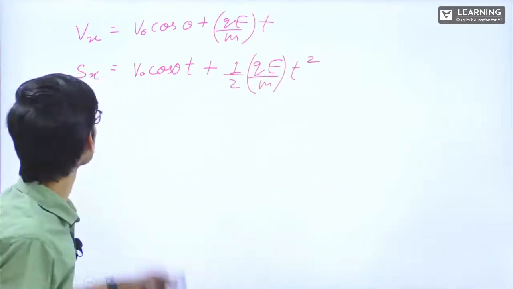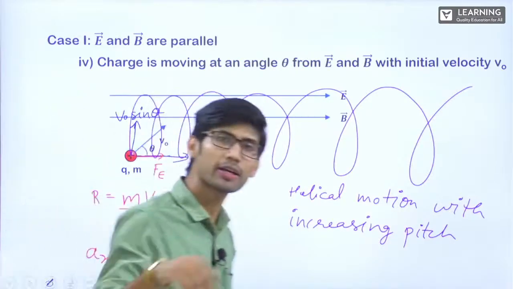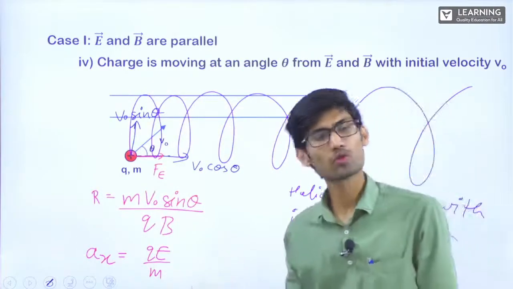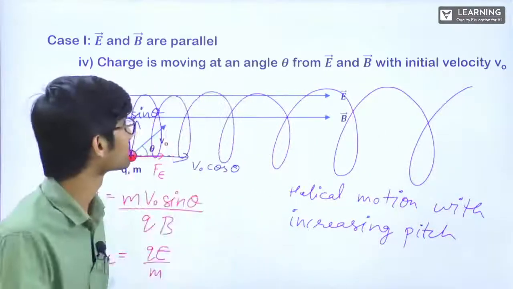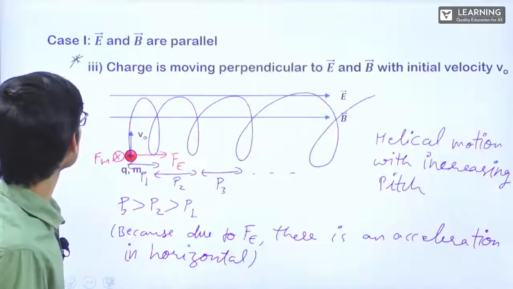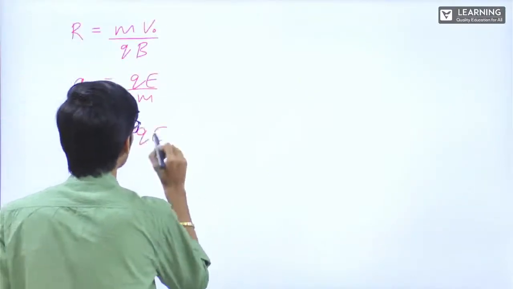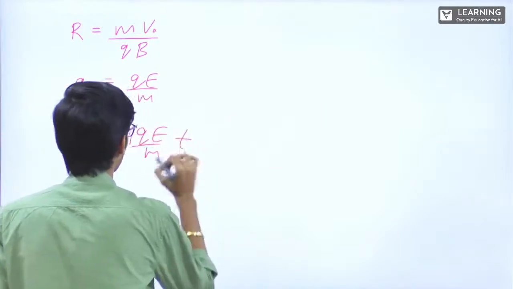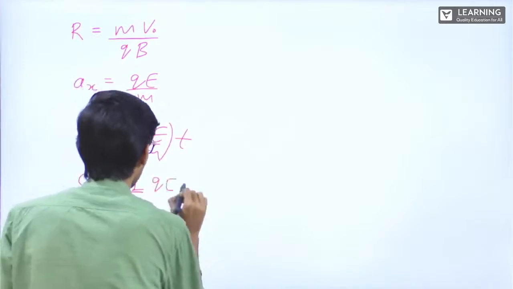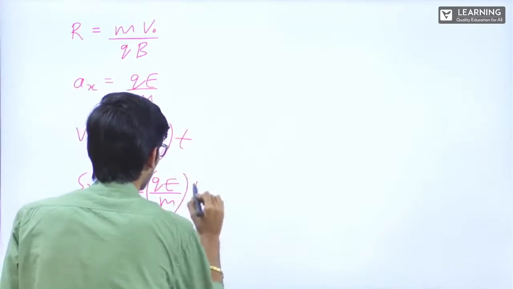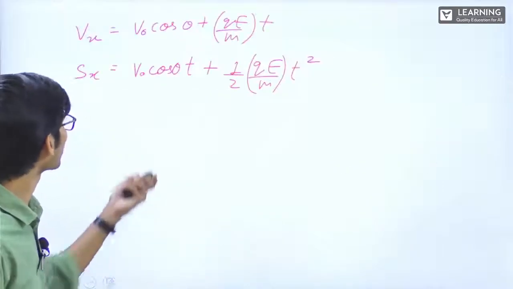Clear? This is the distance in x. Time period of completing one rotation will be 2 pi m upon qB only, that is independent of velocity. In the previous one also, vx is equal to only at, and sx is equal to half at square. Here initial velocity was 0. Here there was some initial velocity.